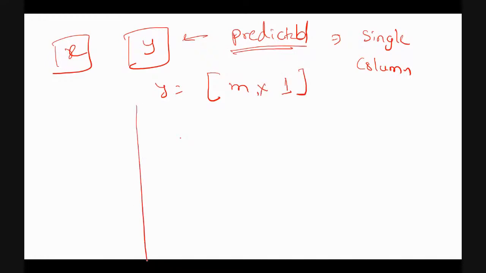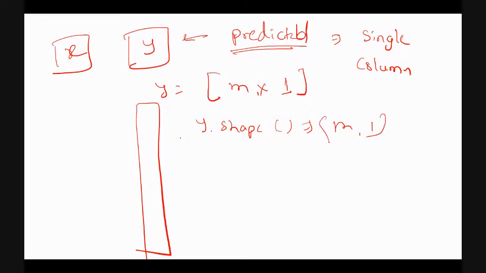It is a single column. So shape is nothing but numpy's and even pandas function. It gives you the matrix representation, number of rows and columns here. It is going to return m comma 1 because it is only one column.